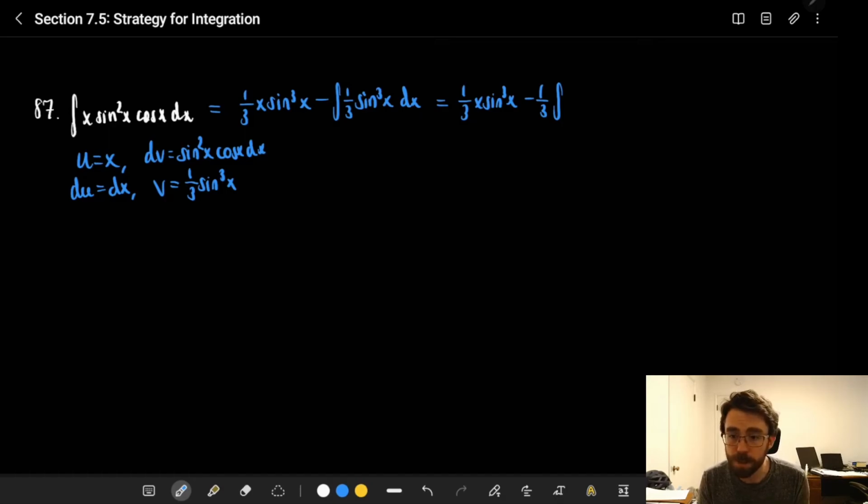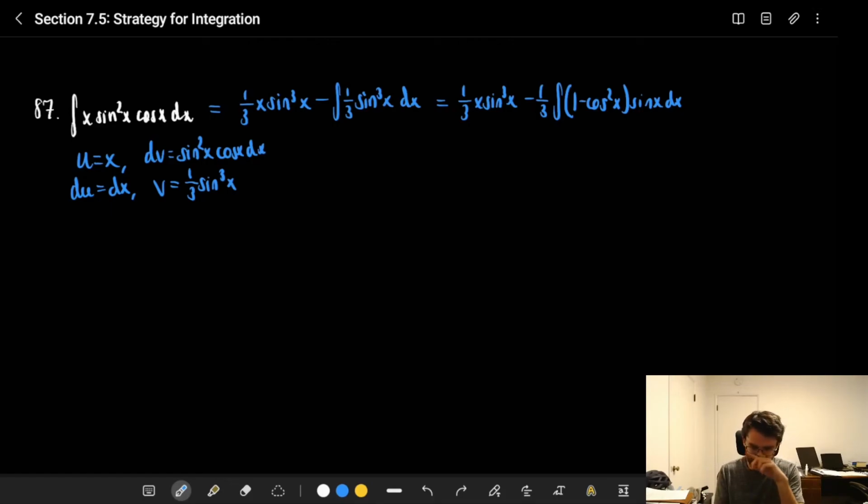So pull the 1/3 out. Sine cubed, I could pull out a sine squared as 1 minus cosine squared. So I leave one sine, and then I do another u substitution type thing, or call it w substitution. Sorry, do I pick the whole thing as w? I guess I wouldn't want to pick the whole thing as w.